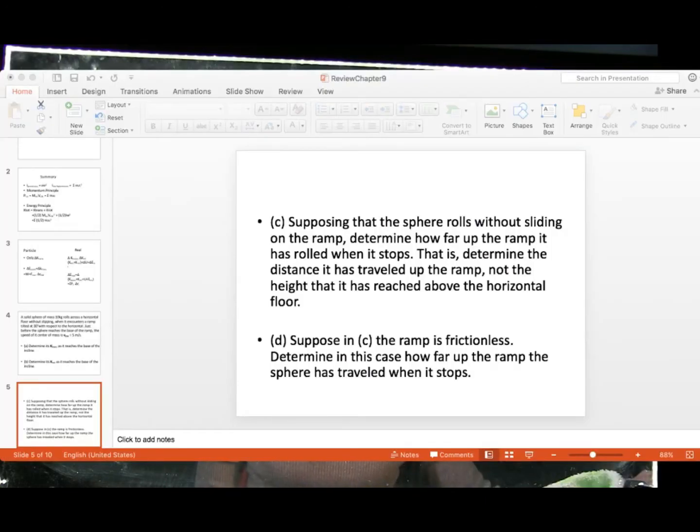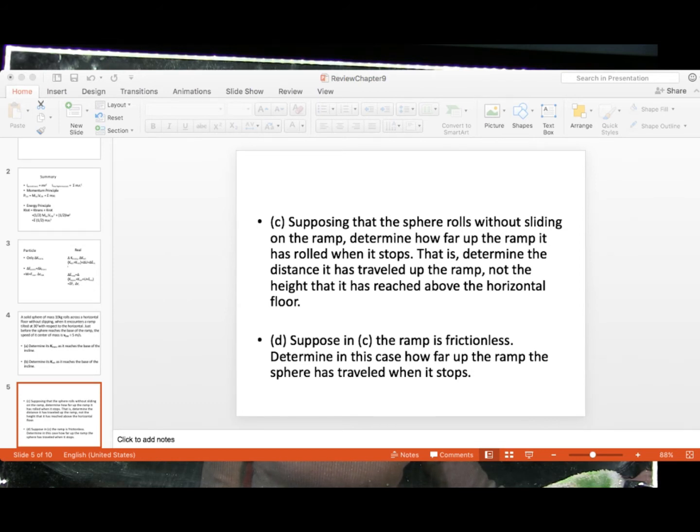So in the third part of the problem, we have the same sphere rolling without sliding, but now it's rolling from the base of the incline onto the ramp. So if the sphere rolls without sliding, meaning that there is rotational motion and translational motion, determine how far up the ramp it has rolled when it stops.